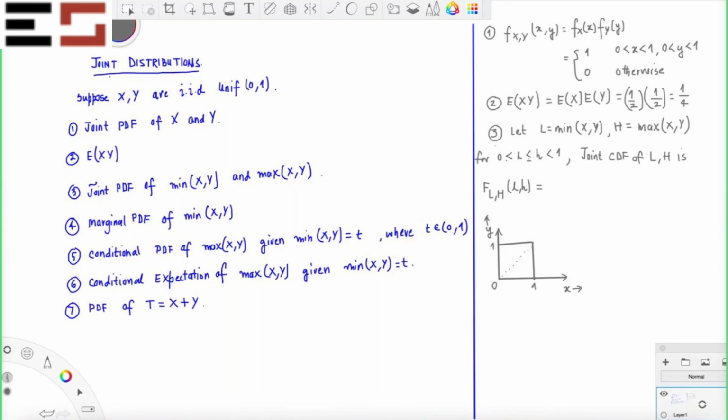So min(X, Y) equal to L will look like this, where this is L and this is L. This is min(X, Y) equal to L. And what is max(X, Y) equal to H? Max(X, Y) equal to H will look like this.